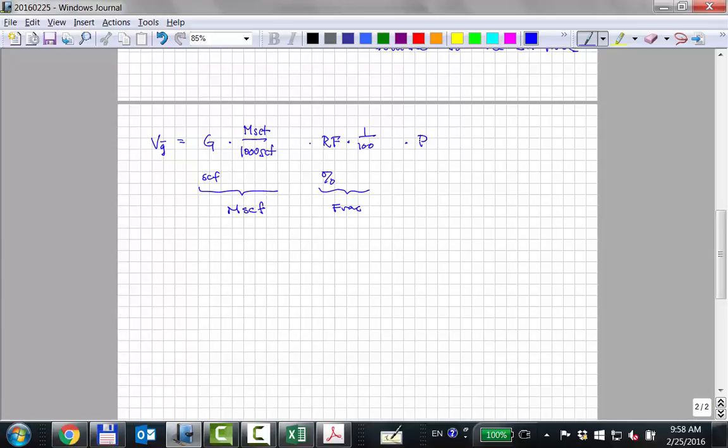We got our price of gas, which is in dollars per MCF. So now we can cancel that with that. The fraction's okay, and we've got US dollars. That's what we want. But we don't want this. What we want is in millions of US dollars.